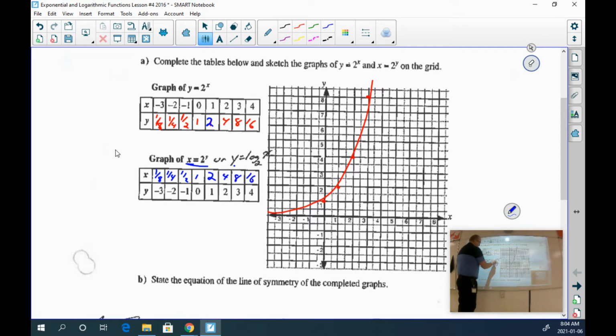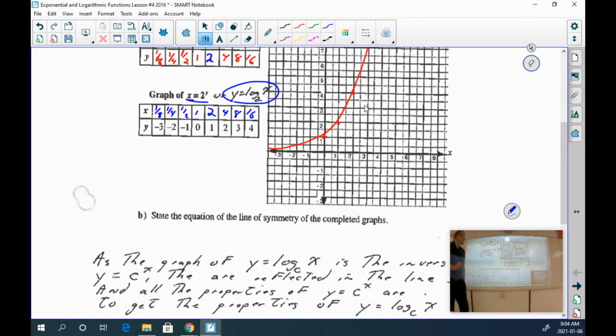Now, this is the way that we're going to write log base 2 of x. So it is the inverse of our function.